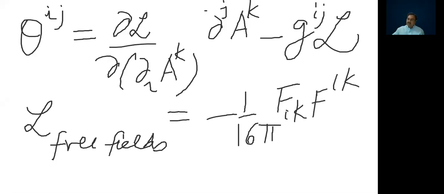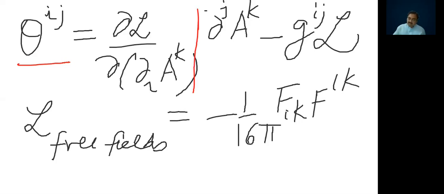So using this value, we can go back to our canonical stress tensor, and then we can write down this expression. We have not considered the source term in this, so it is just for the fields alone. The whole formalism will work for the fields.